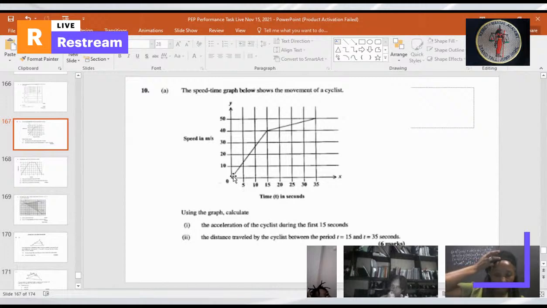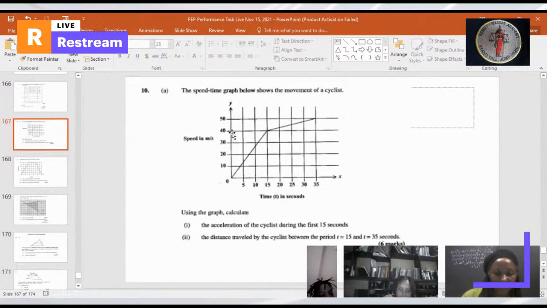Work that out for me. 3.3. What? 15 doesn't go into 40 3 times. 2.6. Remember the change on the y-axis is from 0 to 40.